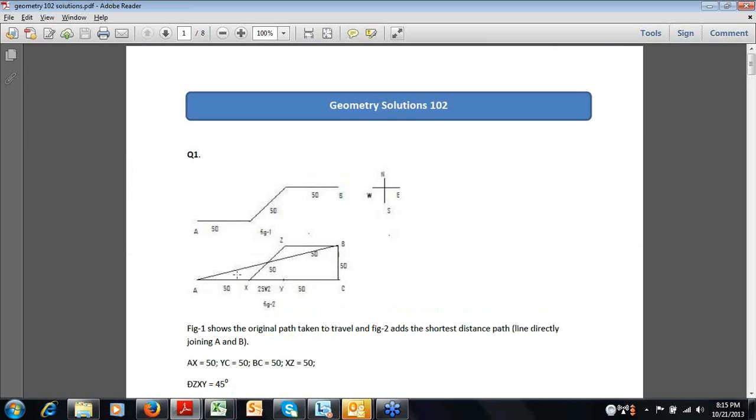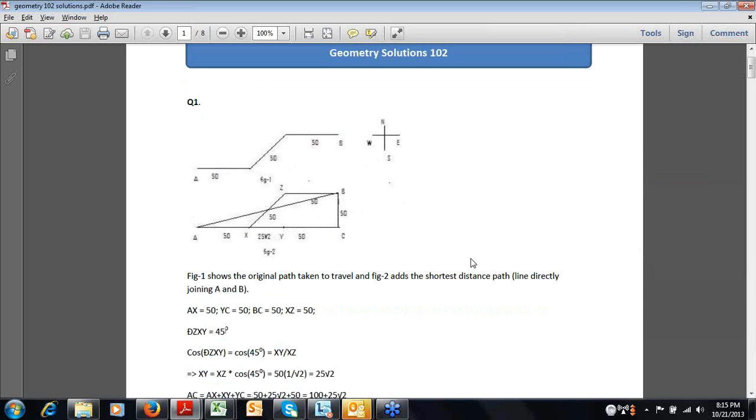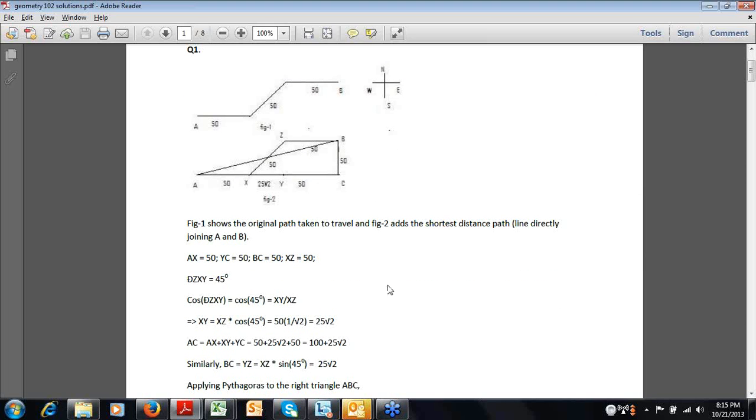So this is the shortest distance A to B. You need to calculate this. But here they are asking just the value of A, B and C, because the value of AB will be in the form of A root B plus root C. So let's see how it is done.